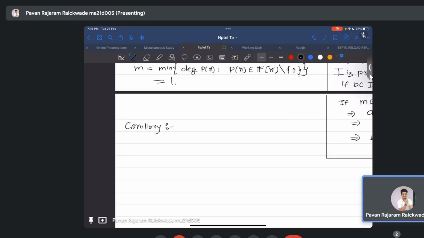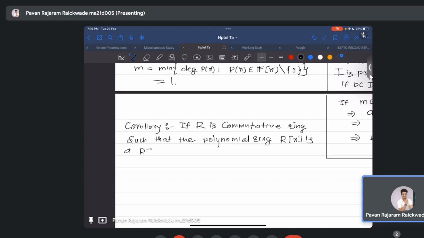Corollary: if R is a commutative ring such that the polynomial ring R[x] is a principal ideal domain, then R is a field.